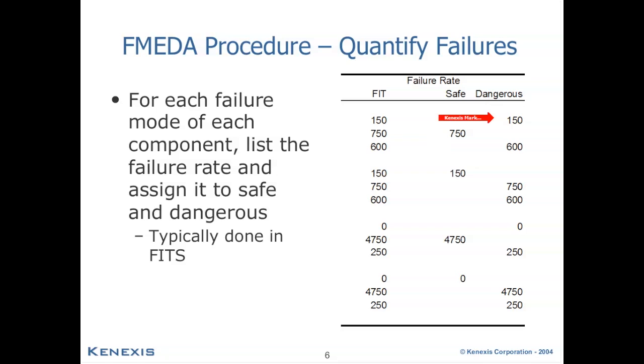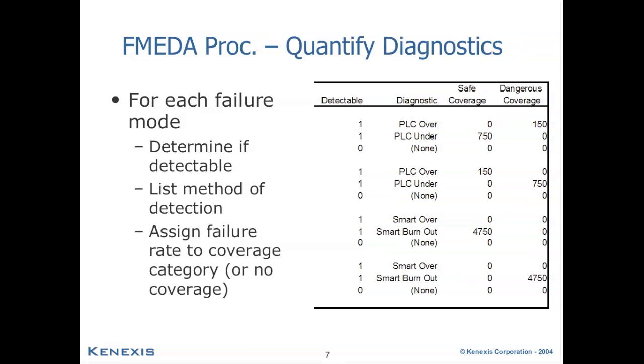The next step would be quantifying the diagnostics. So we would look at each failure mode and determine yes or no, is this failure detectable? And if so, we would put a note in as to how it is detectable. For instance, the top row, again, was a transmitter failing off scale high. Well, that is detectable.